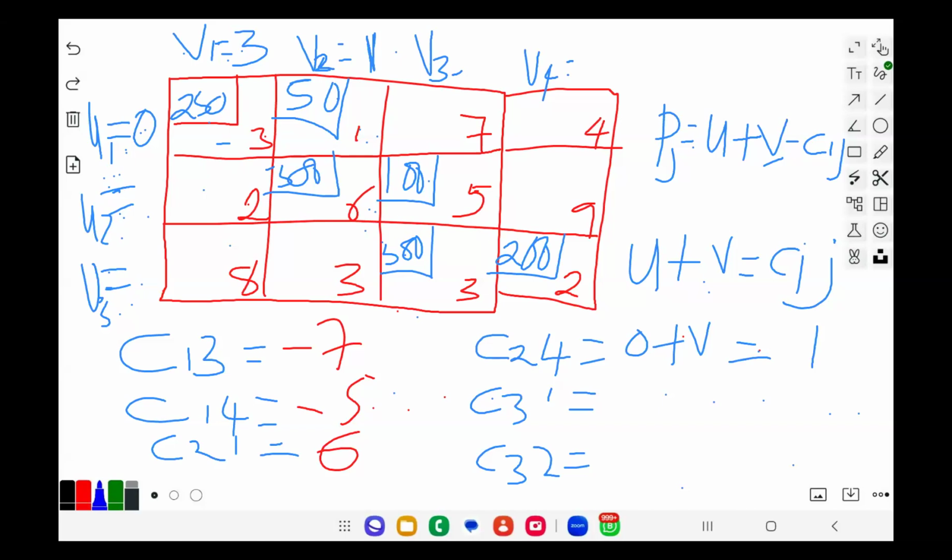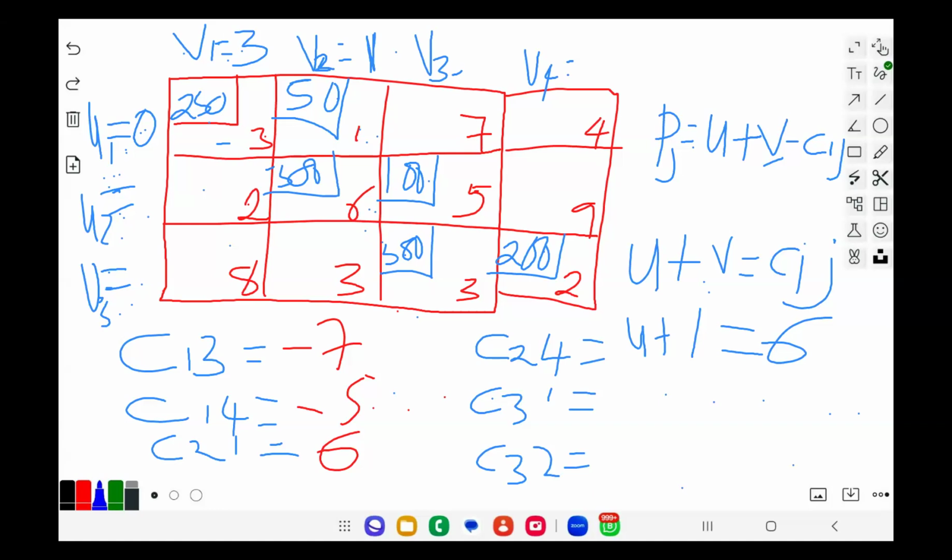You move to the second row. Here where there is 6, there is a cell that is allocated. Again, you repeat the same. First of all, put the Cij. It's 6 here. Then you ask yourself, what is the U? U you don't know. Plus, what is your V? Your V is 1, right? V is vertical, like the column number.